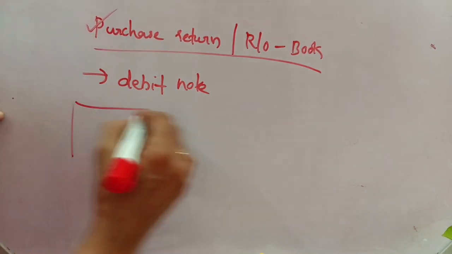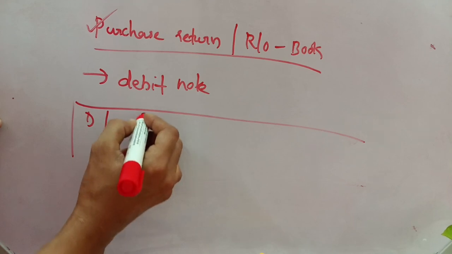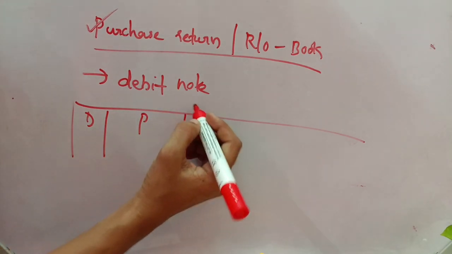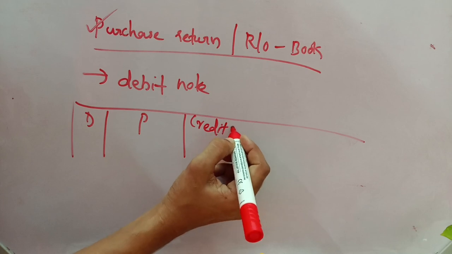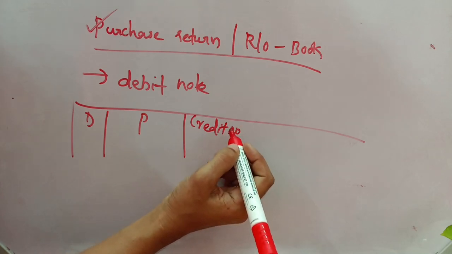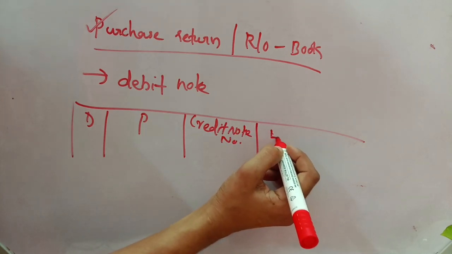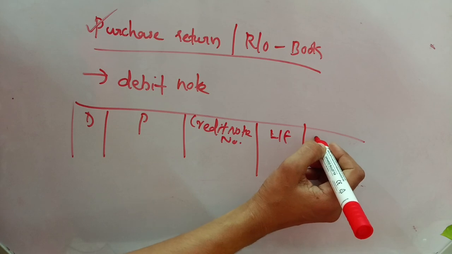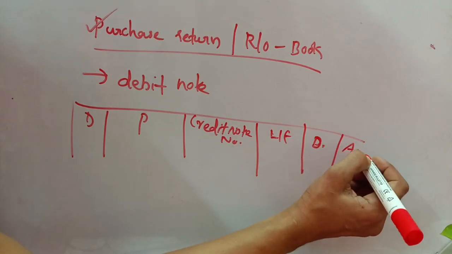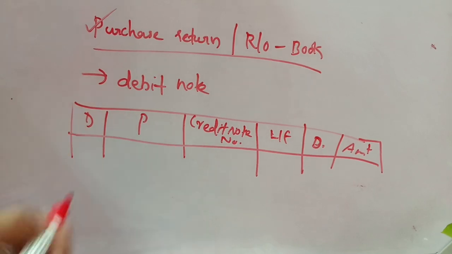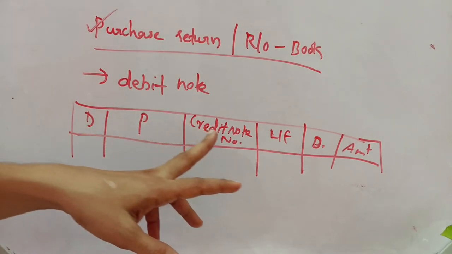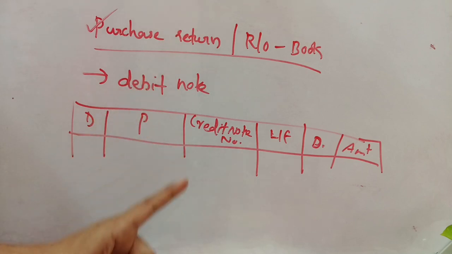We can draw the format simply: date, particulars, credit note number, ledger folio, details and amount. So this will be the format of a purchase return book. Instead of the invoice number or bill used in the purchase book, here we use the credit note number to record return outwards.